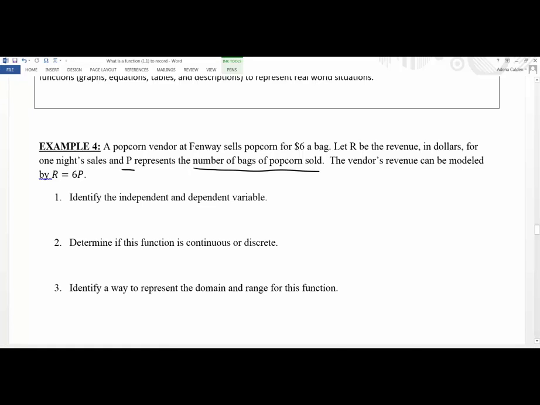That's the variable where we're going to be plugging in our inputs. So my independent variable, which I'll write as IV, is P. And my dependent variable is going to be revenue, or R, because my revenue depends on the number of bags that I sell, P.